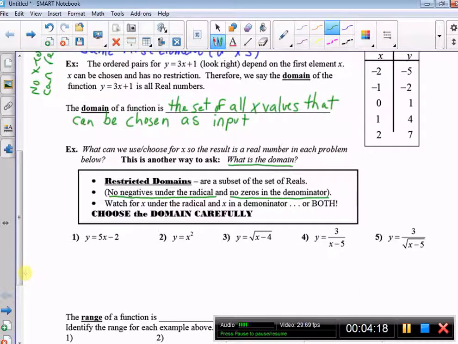All right, so with a fraction, to find out my restricted domain, I set the denominator equal to 0. For radicals, I set the radicand to greater than or equal to 0.